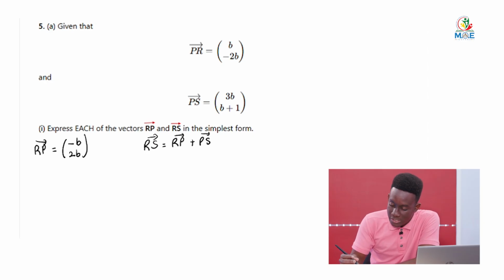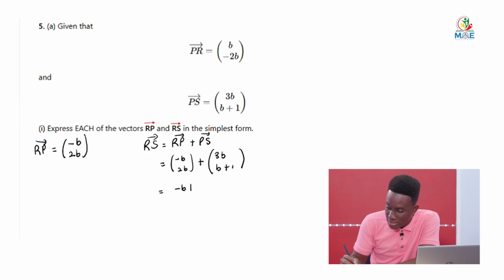It talks about the movement. So now we put in these things. We found RP to be (-b, 2b), and this will be added to PS, which we found to be (3b, b+1). So we add the negative b plus the 3b, and then we have 2b plus b plus 1.